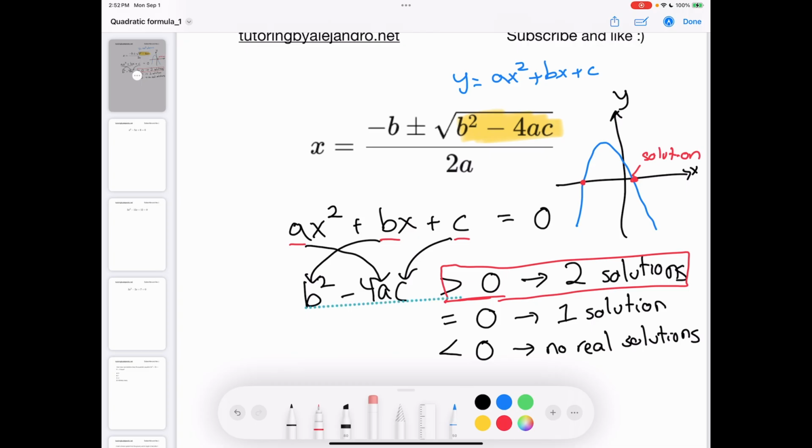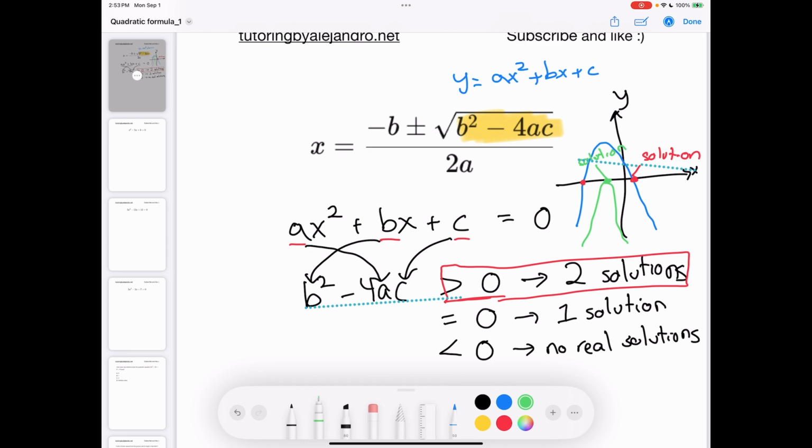If that graph would only touch in 1 point, so let's say this green one, where it's just touching right at the top, that would be my single solution scenario. That means the discriminant in that case is equal to 0, okay?